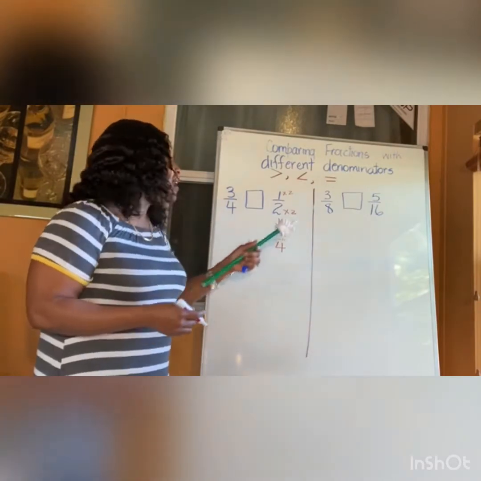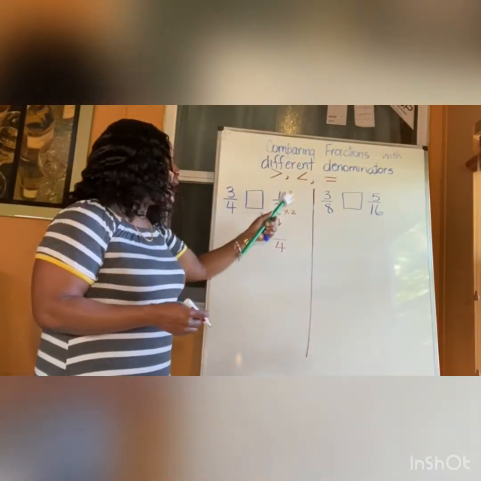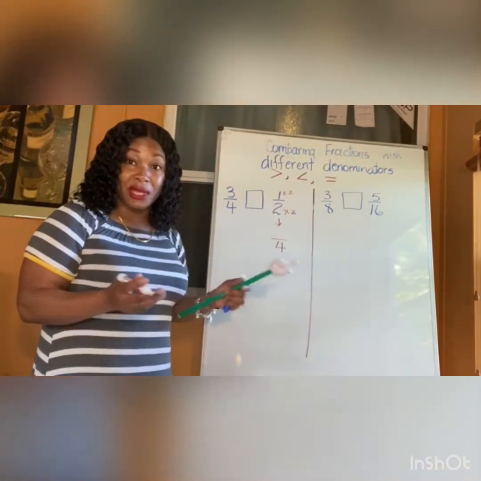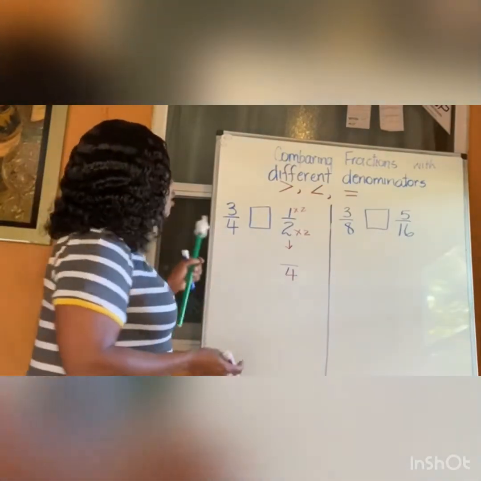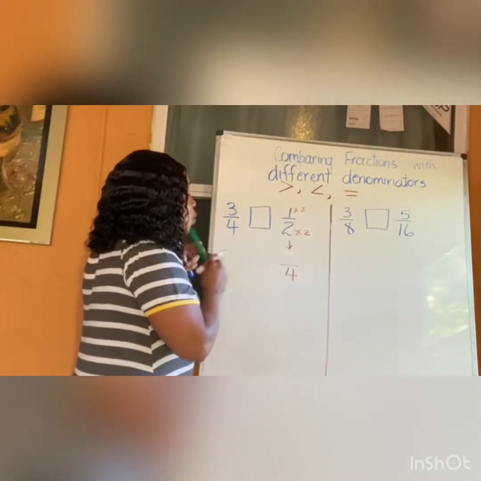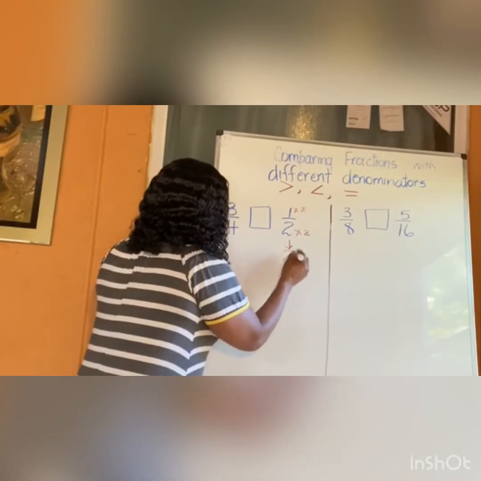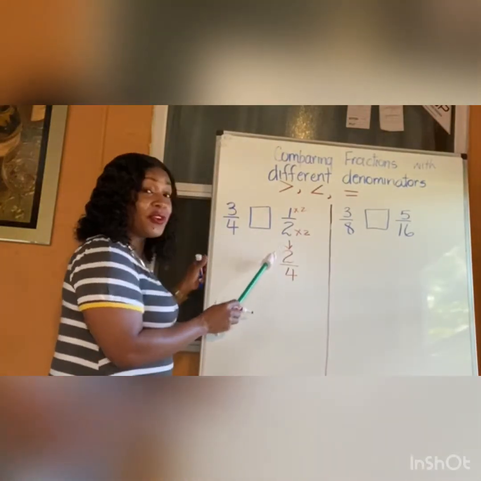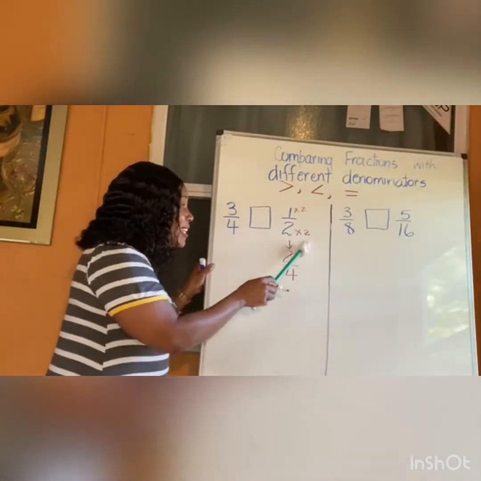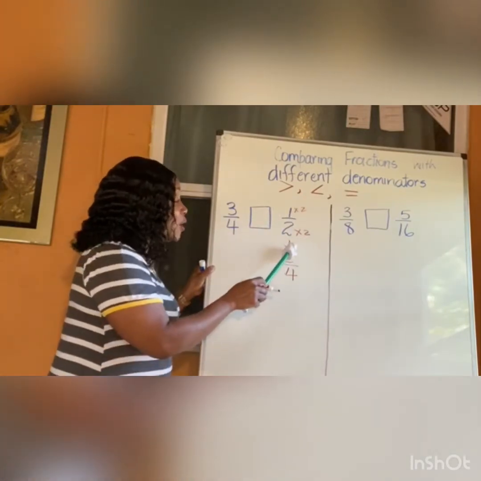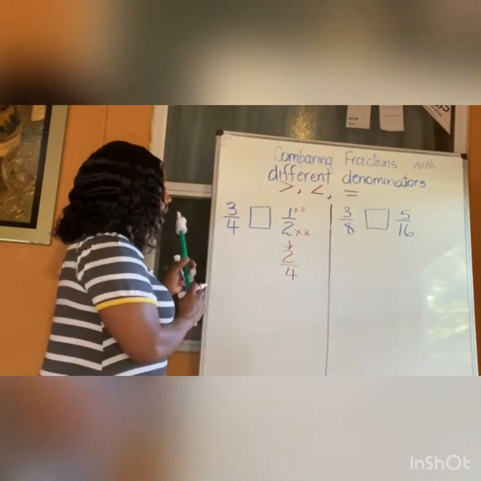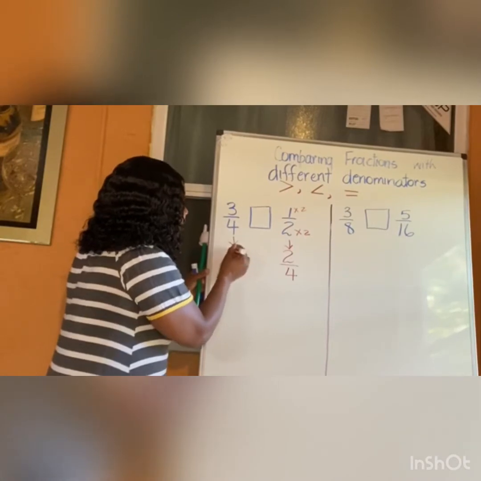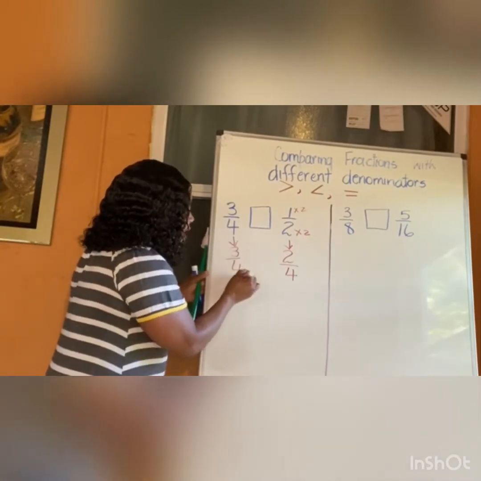And whatever I do to the denominator here, I have to do to the numerator to make it equal. So 2 times 1 is 2. Now I have a new fraction, which is equivalent to 1/2, which is now 2/4. And I'm going to bring down my 3/4 so we can compare them.